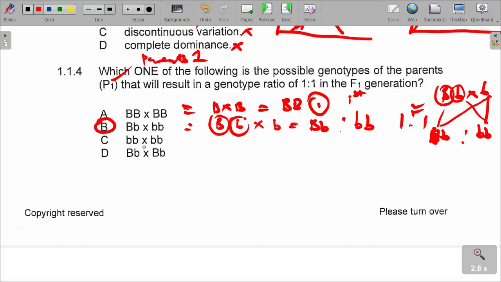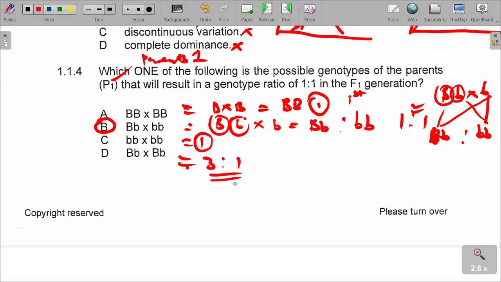This one, if we take it, will give us a single genotype, which is 1, not 1:1. This other one can give us 3:1.